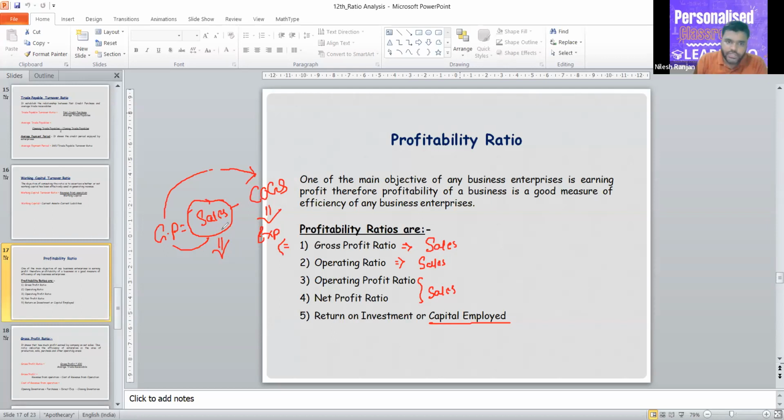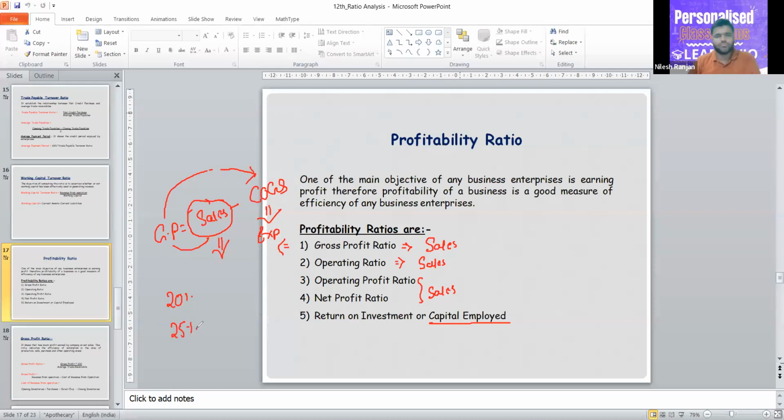Now, if we compare gross profit with sales, or gross profit with COGS, the ratio will be a little different. If we calculate gross profit on sales, it will be 20%. In the same situation, if we calculate gross profit on COGS, it will be 25%.